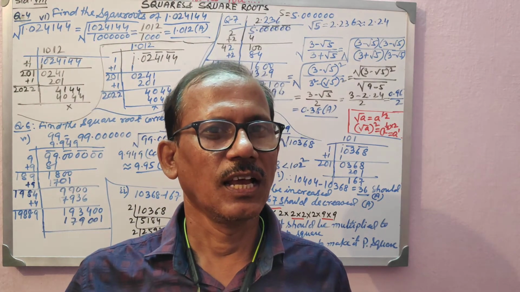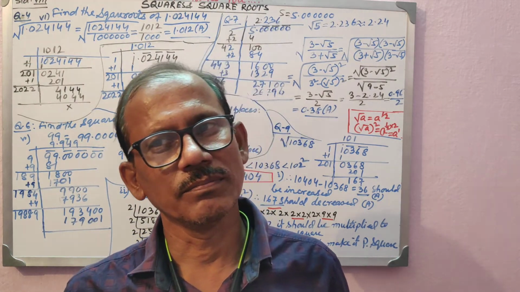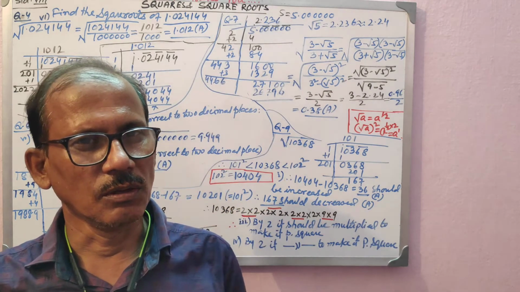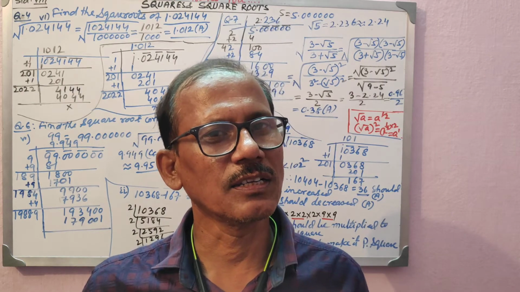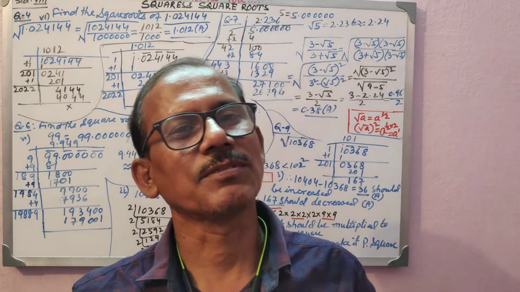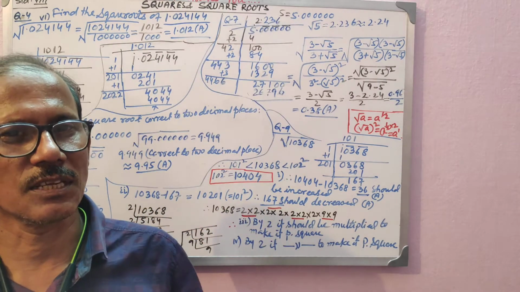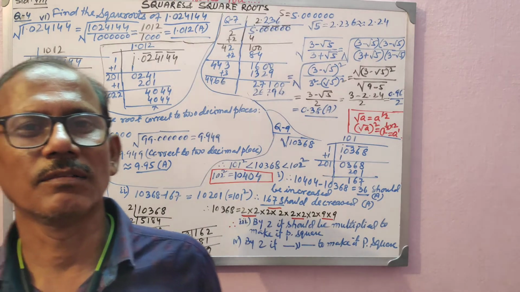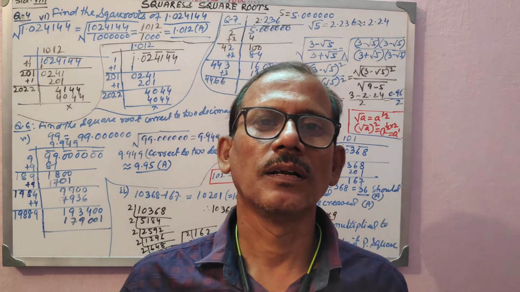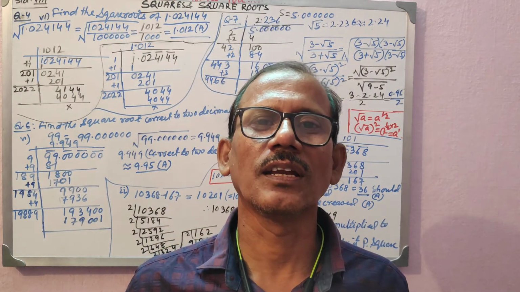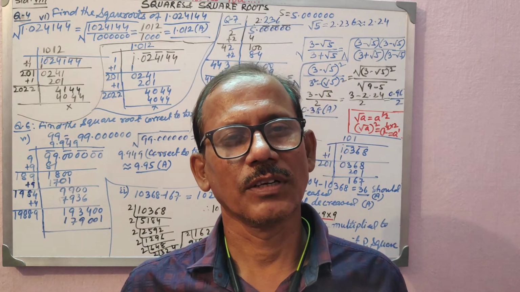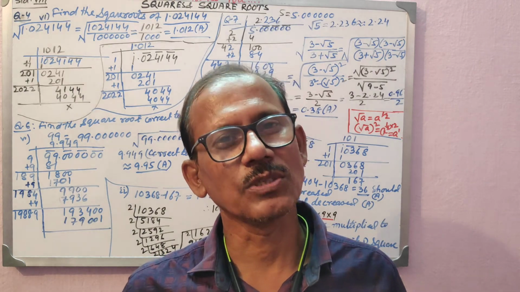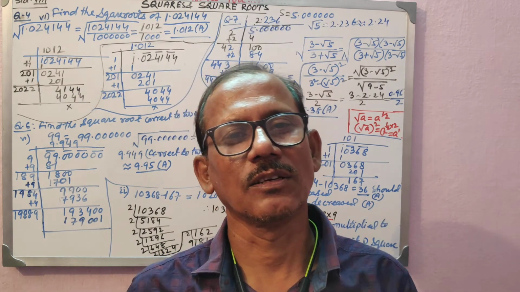See, 2 decimal places means the denominator will be 100. So the square root of 100 will be 10. Subsequently, 4 decimal places, of power 10, definitely it will become 4 zeros, that will be divided by this one, then it will be 100.